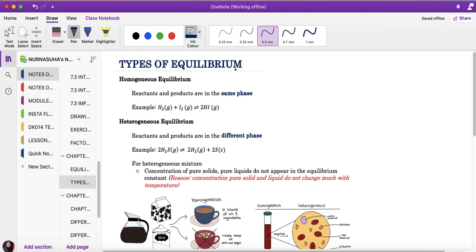Next, we have two types of equilibrium. We have homogeneous equilibrium, and the second one is heterogeneous equilibrium. What is the difference? Homo means same.